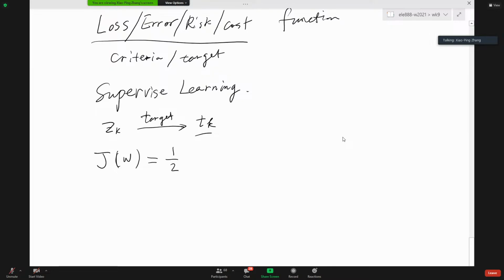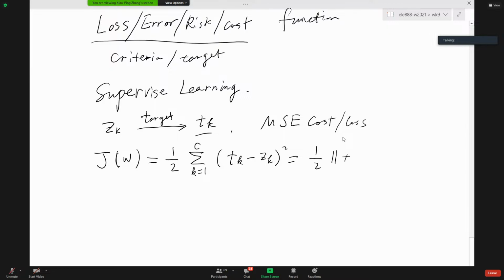What we use is the mean square error, the MSE cost or loss. Assuming there are C classes, we look at all the classes: the sum over k of T_k minus Z_k squared, or in vector form, a half of T minus Z squared.